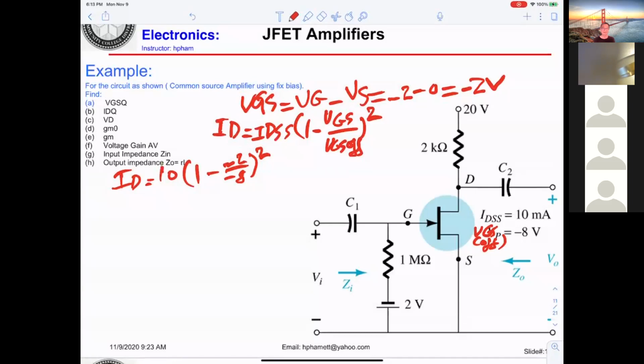Make sure it cannot be higher than 10. Did we say it was 5.625? Is that correct? Okay, I got it now. I was doing something wrong with the equation.